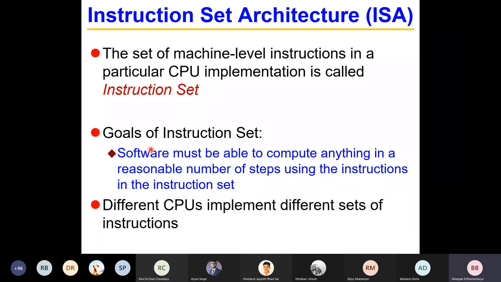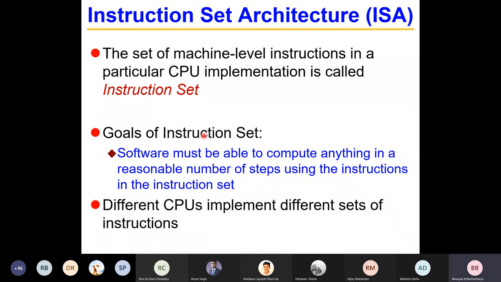Before that, let us recall what are the goals of designing an instruction set. The software engineers must be able to use this instruction set efficiently so that they can build their programs above it, right? And at the same time, the set of the instructions should be such that whatever hardware is necessary in order to support those instructions should be simple.